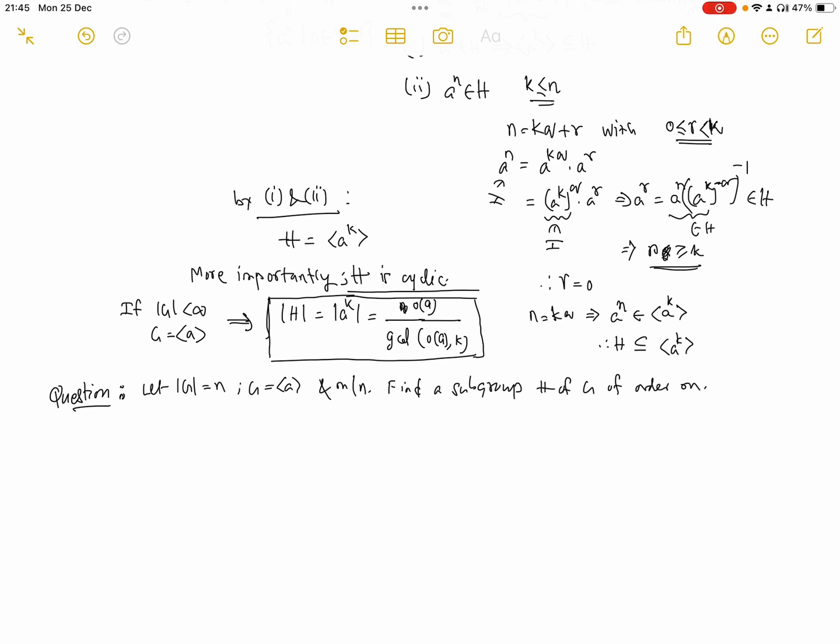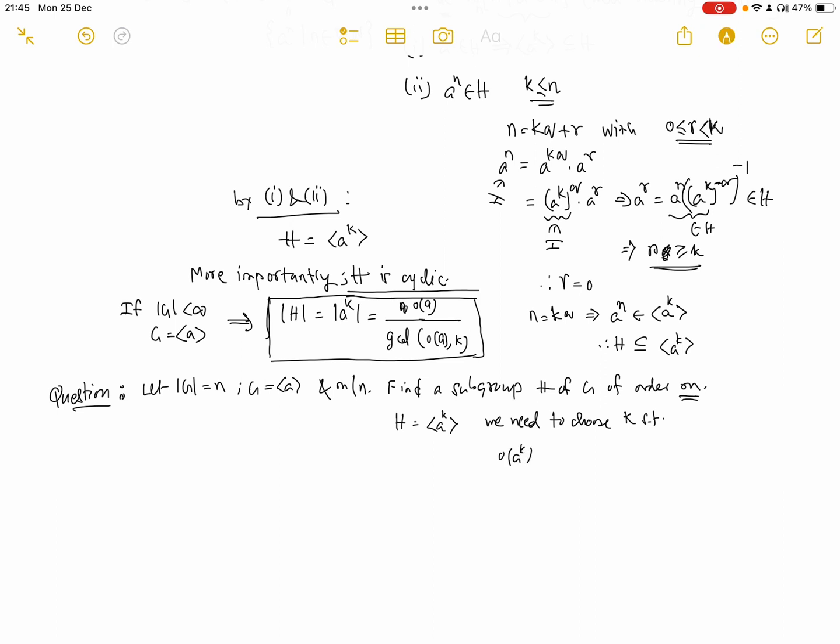So the first thing to note is that it's enough to find an element of that order, right? Because H is generated by some element. So we know H is generated by some power of A. Let's call that power k, right? And we need to choose k such that the order of H is m.